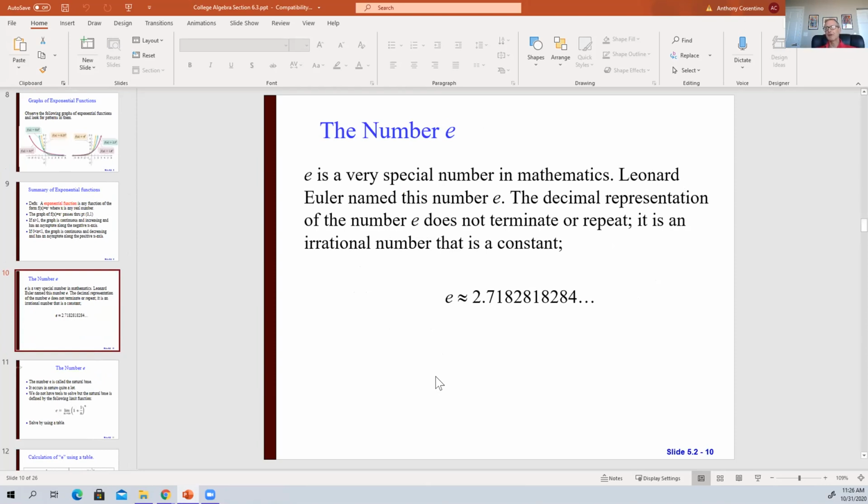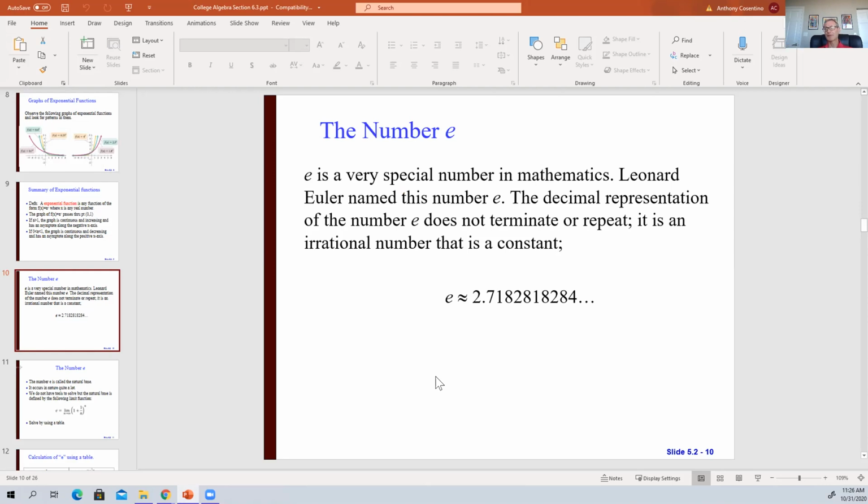And so the other base that we are going to introduce that is a super important base is what's called base e, which is called the natural base. And it's amazing how this base shows up in real world modeling a lot. As an engineer, this was the base we used all the time with regards to calculations and modeling.